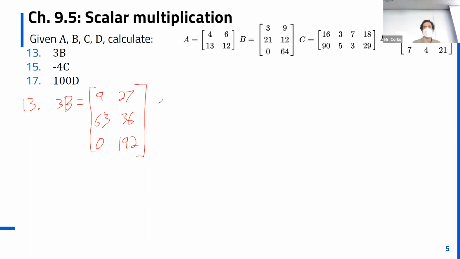Everyone agrees? Okay, good. So next, we have -4 times matrix C. Can you tell me?